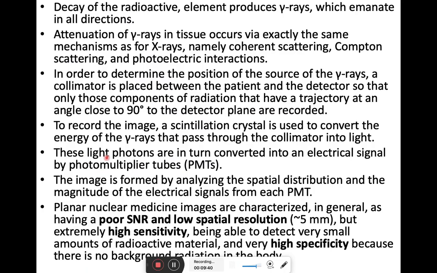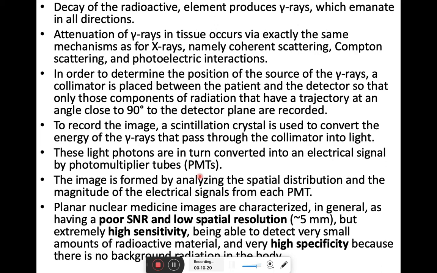To record the image, the scintillation crystal will be used to convert the energy of the gamma rays passing through the collimator into light. The collimator helps to focus the gamma rays, but for NMI we have another tool, the scintillation crystal, that converts the energy into light. These light photons are then converted to an electrical signal by using the PMT.